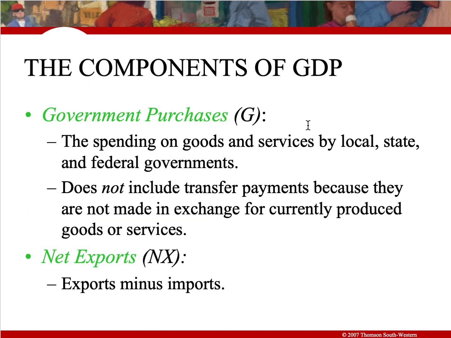Meanwhile, the government purchases component includes the spending made by the government on goods and services. And the spending can be made either by the local government, or in Malay we call it kerajaan tempatan, the state government, or the federal government.